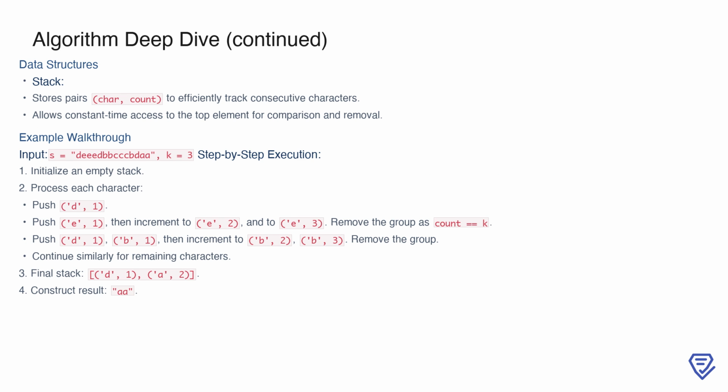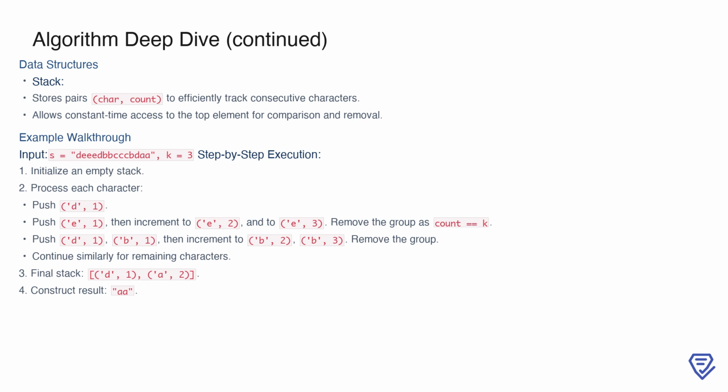To implement this algorithm, the stack is the central data structure. It stores pairs of characters and their counts, allowing us to efficiently track consecutive occurrences. Let's walk through an example with the input string s equals d and k equals 3. We start with an empty stack and process each character in the string. First, we push d1.